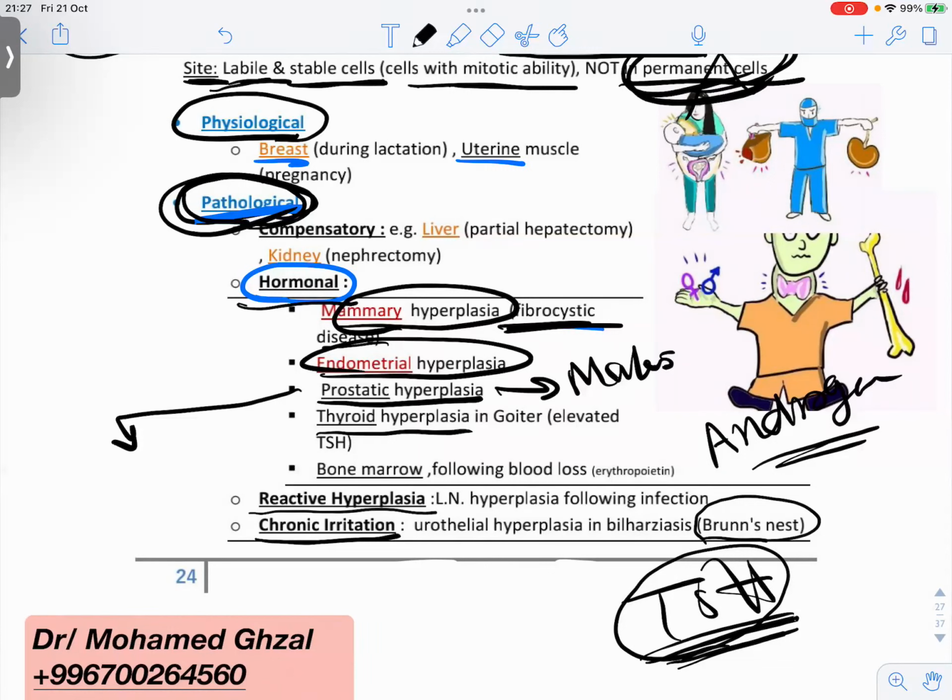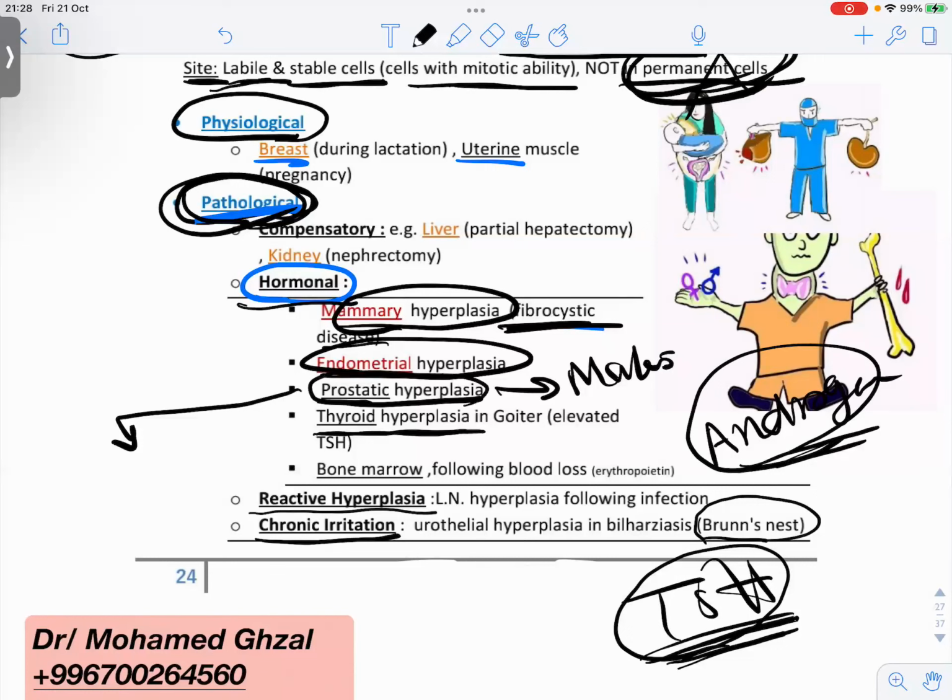Estrogen can cause hyperplasia of the mammary gland or the endometrium, and unfortunately both are pre-cancerous. But in men, prostatic hyperplasia can never turn into cancer because it occurs in old age, and old age means they don't have enough androgen to stimulate and turn the hyperplasia into cancer.